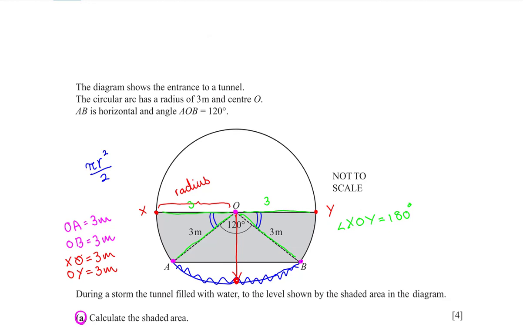So since angle XOY is 180, when we subtract 120 from 180, you get 60. And since this is 180 and they're divided equally among these two sectors, it would be more sensible if I explained it with triangles.